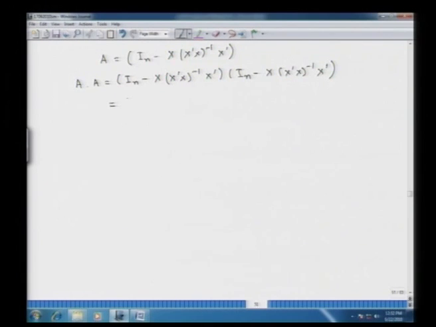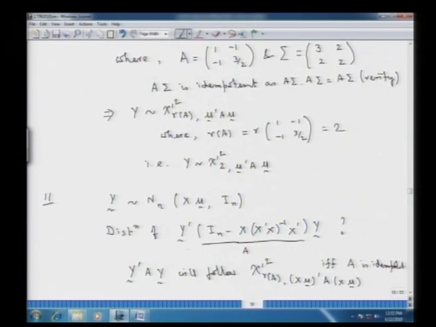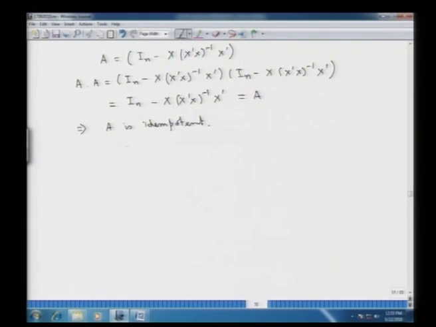This multiplication readily leads us to observe that this is nothing but I_n minus X (X transpose X) inverse X transpose, which is nothing but the matrix A. So, this would imply that A is idempotent in our case. This quadratic form will follow a non-central chi-square as of now. We will compute the rank of A and the non-centrality parameter in order to complete this problem.